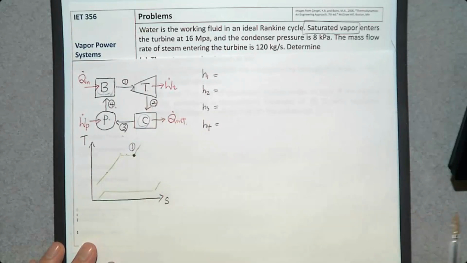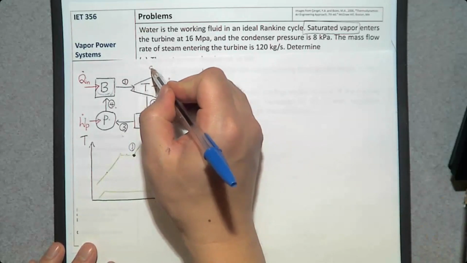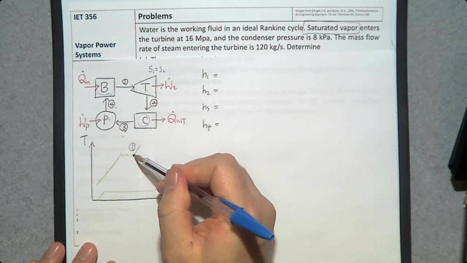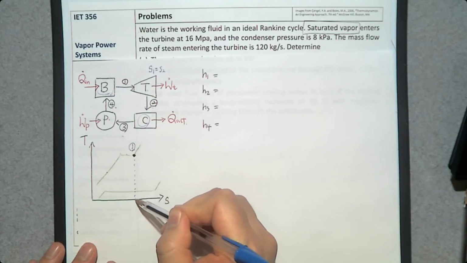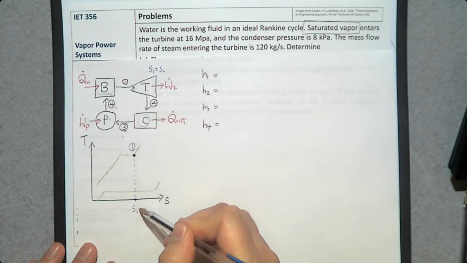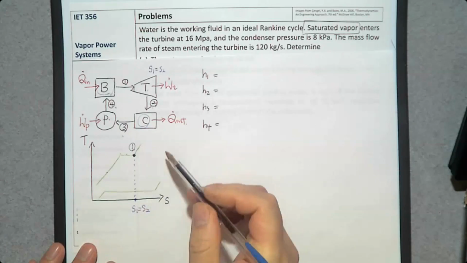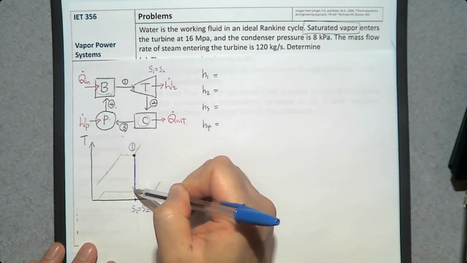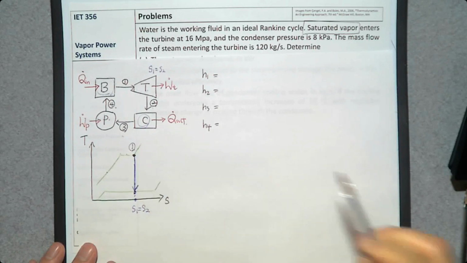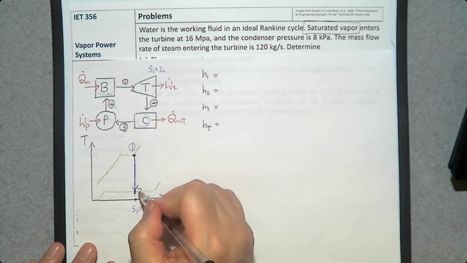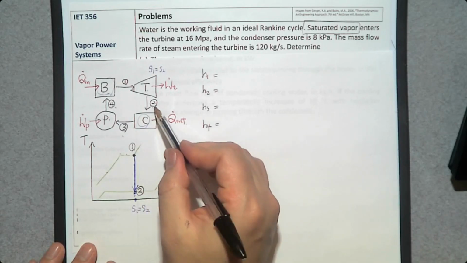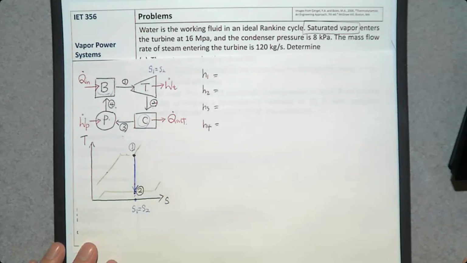And how this turbine runs, we just studied: isentropically. S1 is the same as S2. Isentropically, entropy S remains constant. So S1 is S2. So we have this straight vertical line down to number 2. That is the exit of the turbine and also the inlet of the condenser. What happens in the condenser?